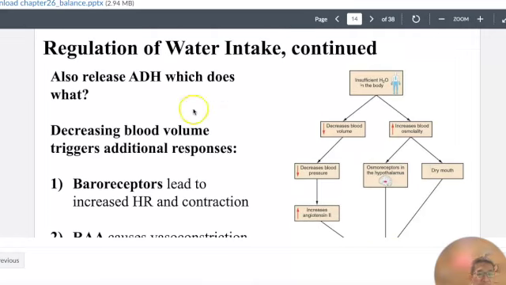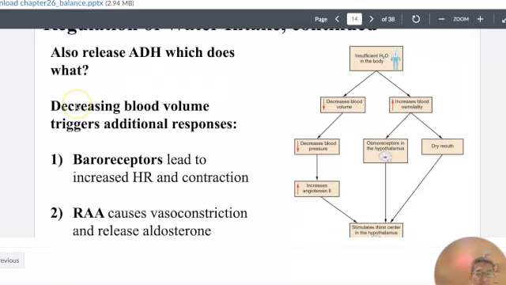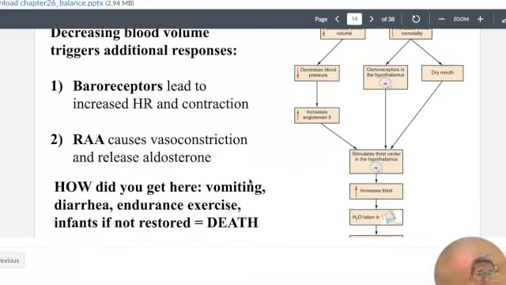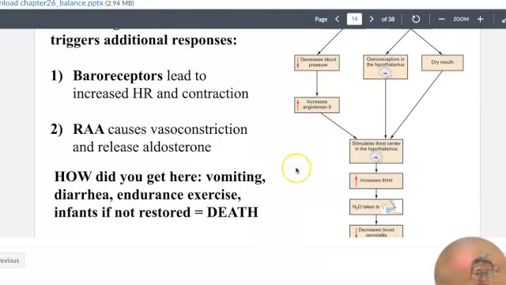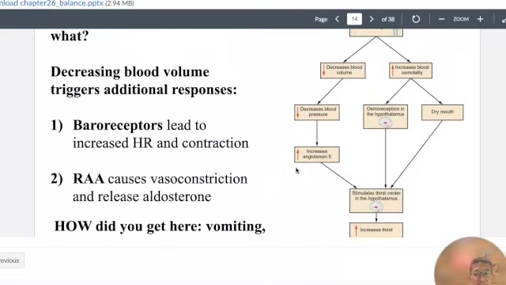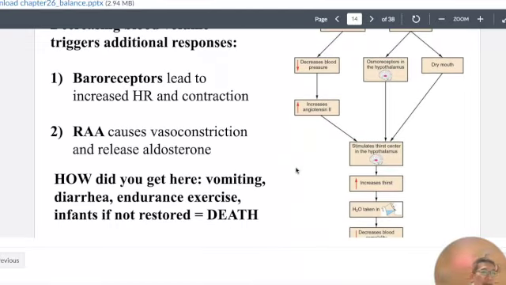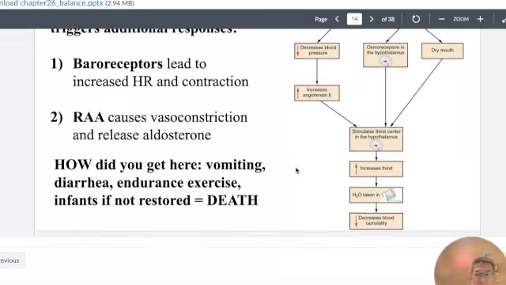Here it is. Also release ADH, which retains water, and then your blood pressure receptors, your angiotensin, will also sense and be able to know what your blood pressure is, because when you're too dry, your blood pressure will drop.